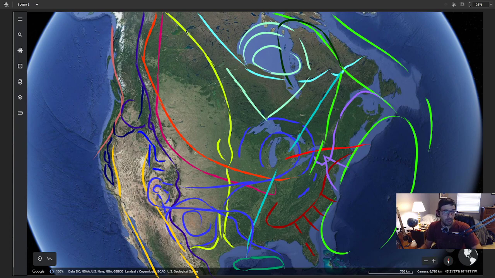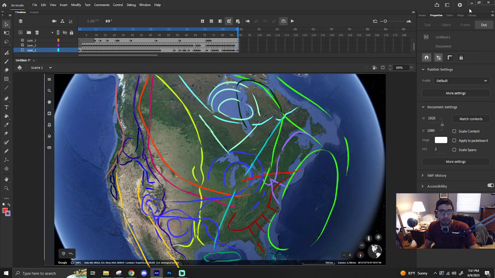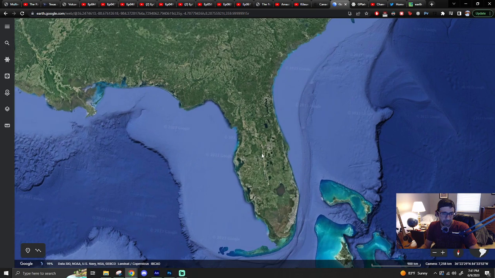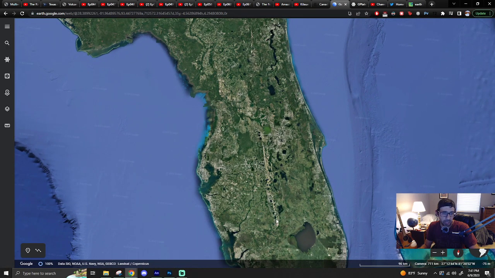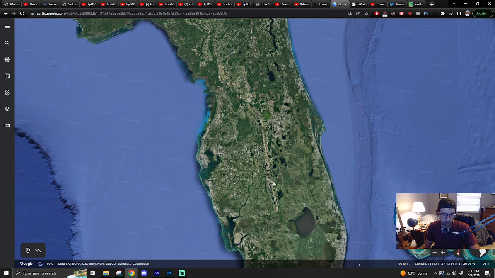So, current this way, and then a beam. Current this way, current this way, and out this way. I was thinking there's a beam here because of the Lake Wales Ridge, I believe it's called.